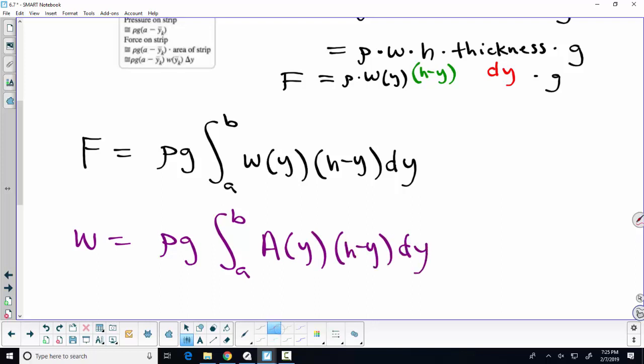So the only difference is if we're talking about force, we're looking for the width function, right minus left. If we're talking about work, we're looking for an area function. It's really the only difference there.